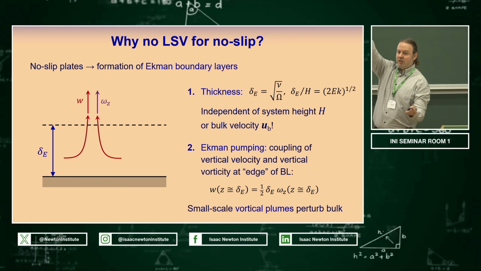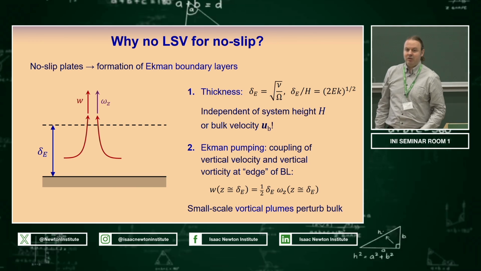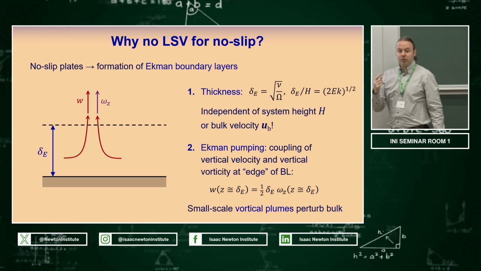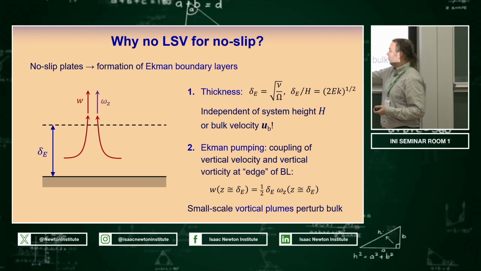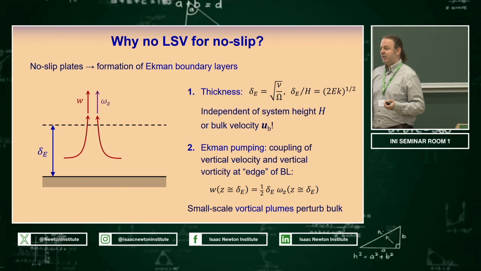I need to note that this is symmetrical also from the top. We have similar situations where cold plumes are also getting positive vorticity and penetrate into the bulk. So these are small-scale effects, and they actually prevent this large-scale organization in some way.